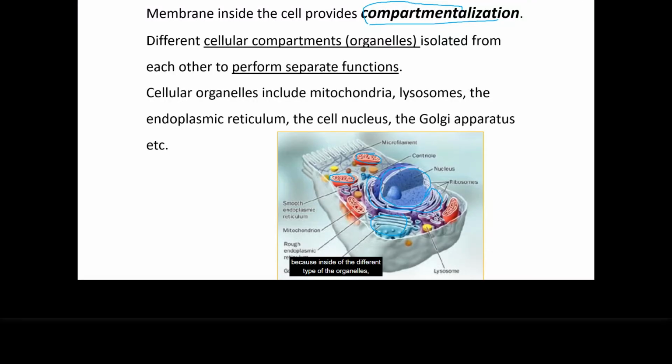Because inside of the different types of organelles, we have different biomolecules, different enzymes, and different chemical reactions occurring. In order to separate these different chemical reactions, we have a membrane surrounding these organelles. And this is an example of cellular organelles such as mitochondria, lysosomes, endoplasmic reticulum, nucleus, Golgi apparatus.